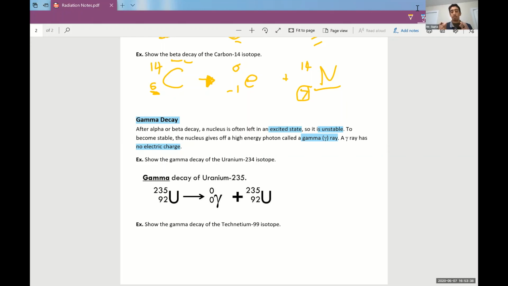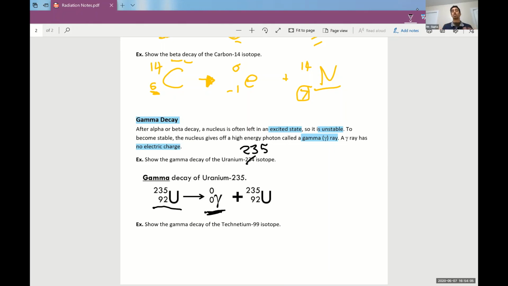Let's look at an example to understand this a little better. In our example, show the gamma decay of uranium. This should say 235. So we have uranium 235. To show the gamma decay, the first thing you do is draw a gamma ray, which looks like this.